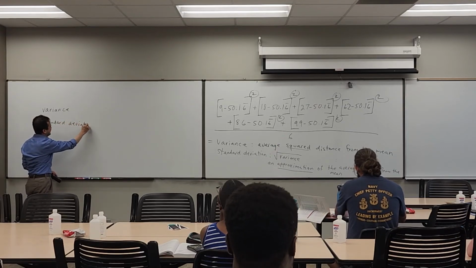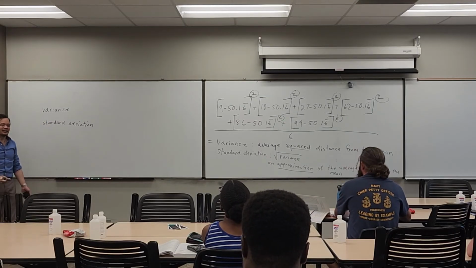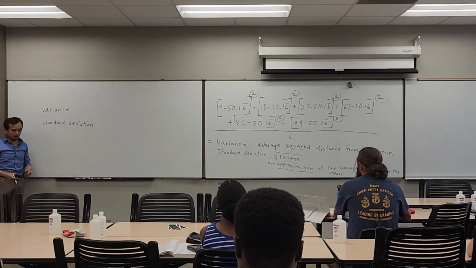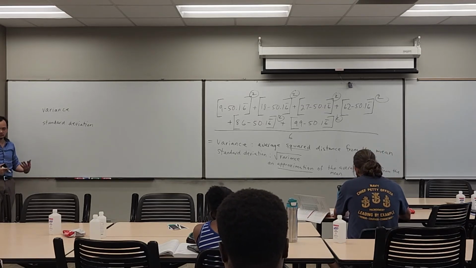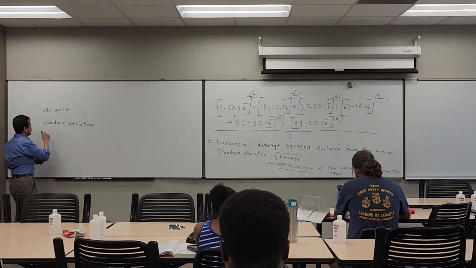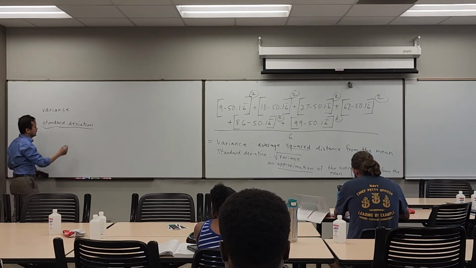Because I feel like it gives more accurate results. Yeah, it's more accurate in terms of what we want to intuitively measure, right? Because we're trying to measure the average distance from the mean, not the average square distance from the mean. So the standard deviation is closer to what we're intuitively used to trying to measure. So the standard deviation is more commonly used.